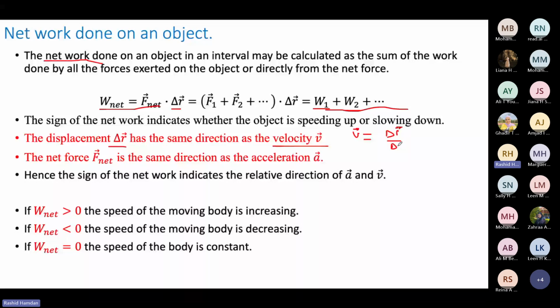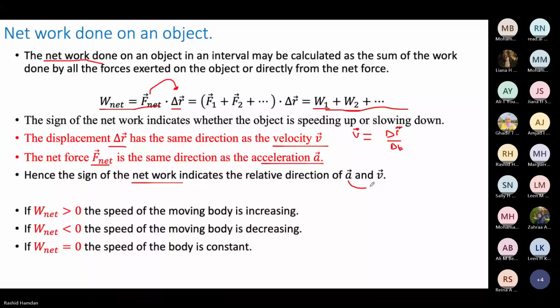So delta t is always positive. So delta r and v are always in the same direction. But also we know from Newton's law that the net force is in the same direction as the acceleration. So the sign of the net work actually gives us the relation here between F net and delta R, and here the relation between A and V.